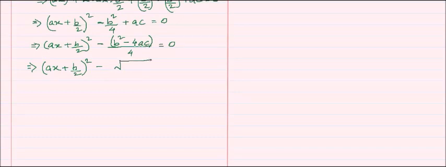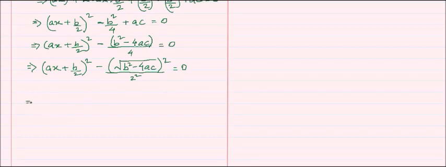Now, if we put this whole numerator under the radical sign, and we square it, can we do this? Can b square minus 4ac be written as under root b square minus 4ac whole square? Right, it can be written. And 4 is nothing but 2 square, right? Equal to 0.